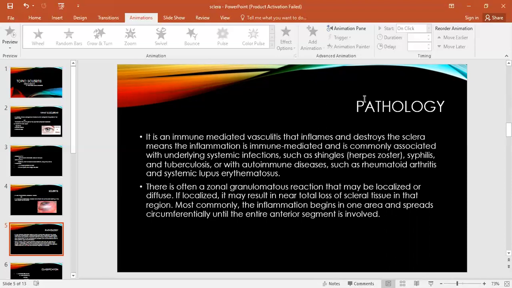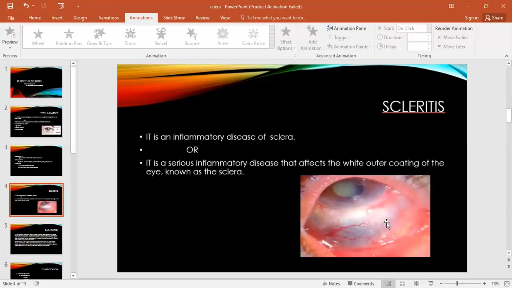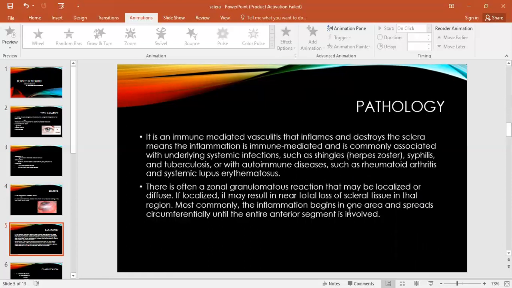A granuloma is formed, and in between the granuloma there are giant epithelioid cells. The inflammation may begin in one area or spread into the entire segment. It may be localized or diffuse, meaning it involves the whole scleral tissue or one region.